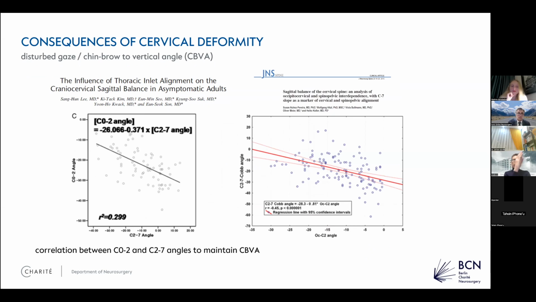And if the patient is going into kyphosis, the patient will try to compensate by elevating the head just to keep the horizontal gaze. So it's really important to understand that the cervical spine is very dynamic, with a strong correlation between these two segments of the cervical spine. Or if the subaxial spine is hyperlordotic, again, C0 to C2 will compensate accordingly.